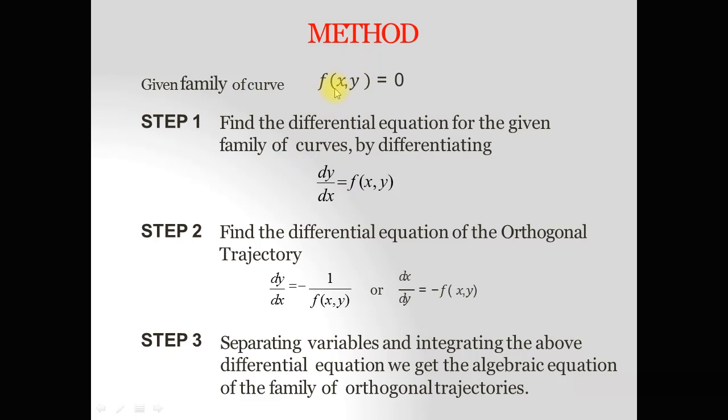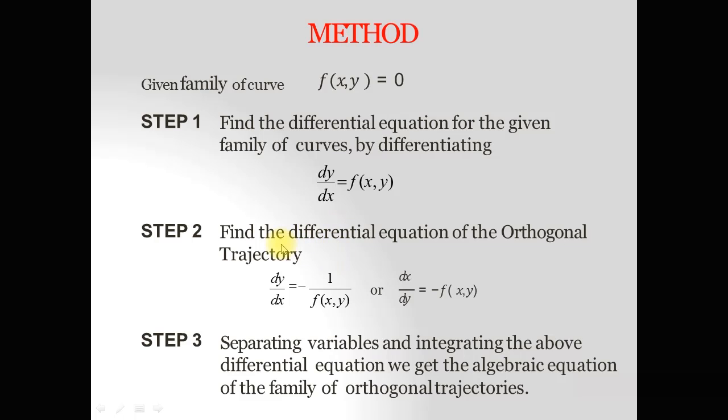So when we have a given family of curves, then first of all, differentiate the given equation, and this differentiation gives us the slope of the first family of curves. So now find the differential equation of the orthogonal trajectory.